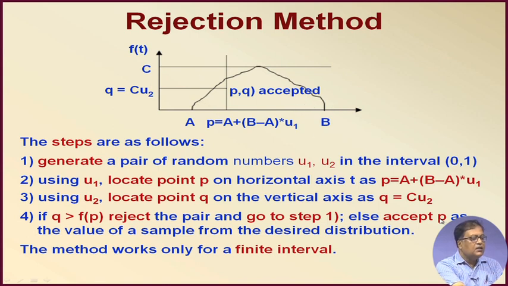That is the essential idea, and this method works only for a finite interval. If the function is such that we do not have any specific set of equations, but we have a plot, then we can also find a random variate from this method.